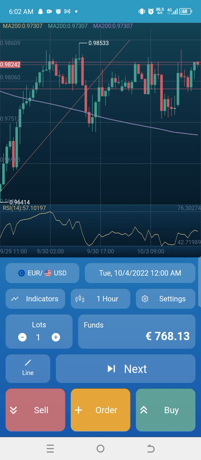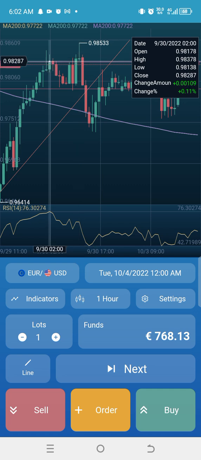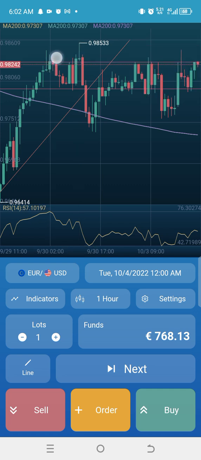Okay, let's see this area here, RSI 66, 76, some sort of divergence here for this break. So I'll look for sells.